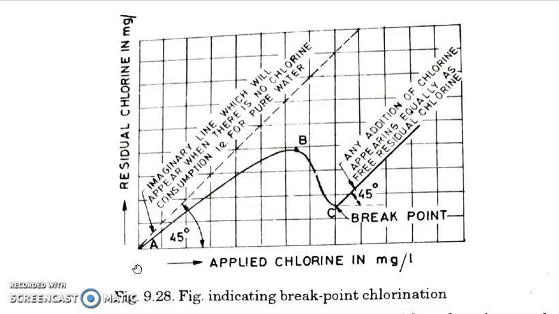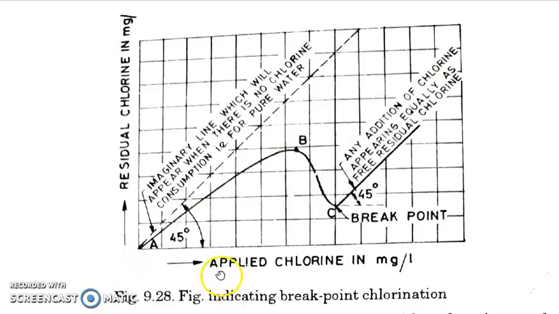So I have explained this earlier. Now suppose the water is completely pure, not containing any organic matter and not containing any organisms. Then whatever amount of chlorine you add as applied chlorine will remain as it is, and after 10 or 20 minutes, if you test how much chlorine is left in the water, you will find that whatever you added is left as it is, unutilized, because the water is pure.